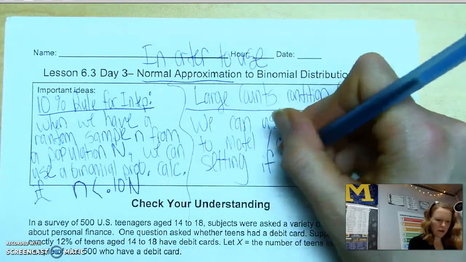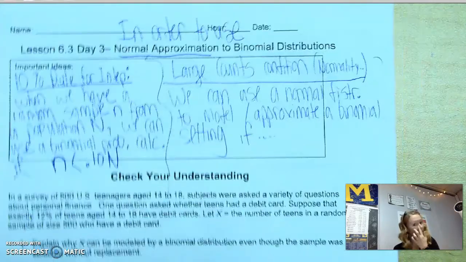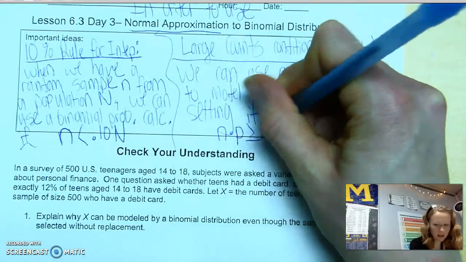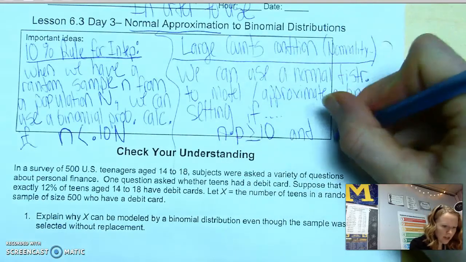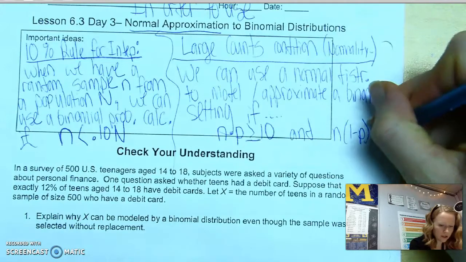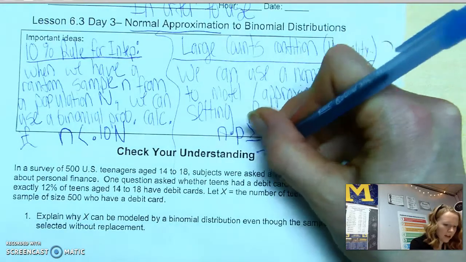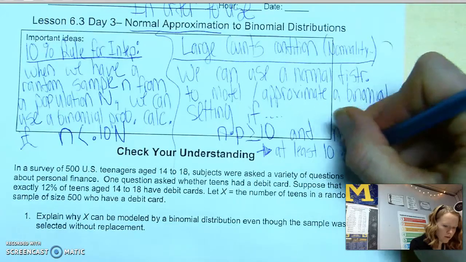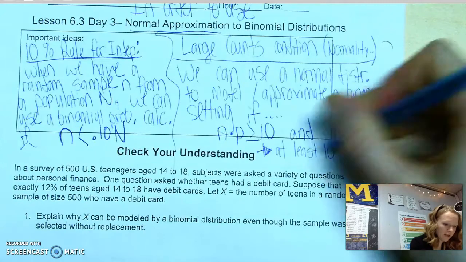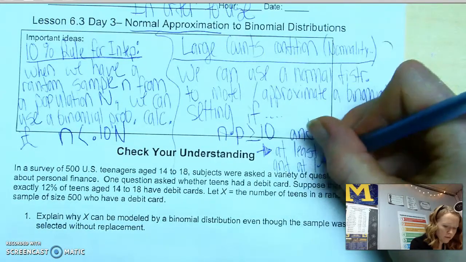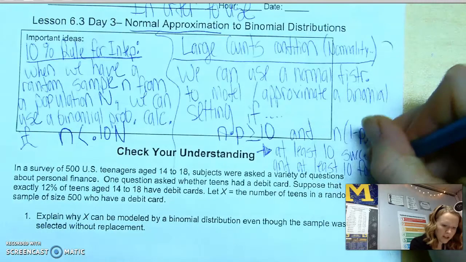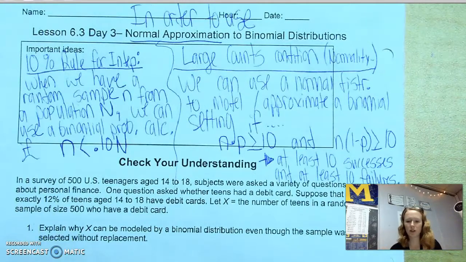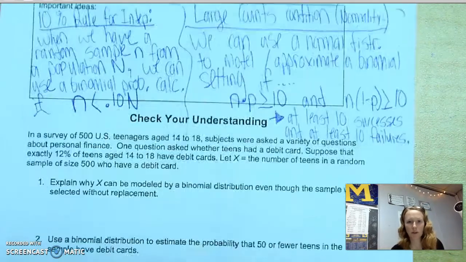If, and the check that we can do for normality here, once again, is if n times p is greater than or equal to 10, and if n times 1 minus p is greater than or equal to 10. This is basically saying that you have at least 10 successes and at least 10 failures. And the idea is that you have to have a good enough sample size in each category in order for this to be considered something that might be approximated by a normal distribution.